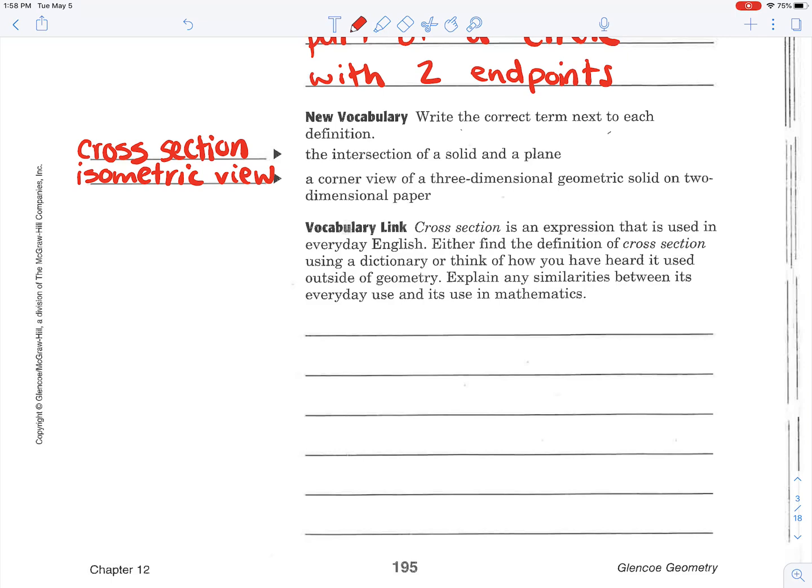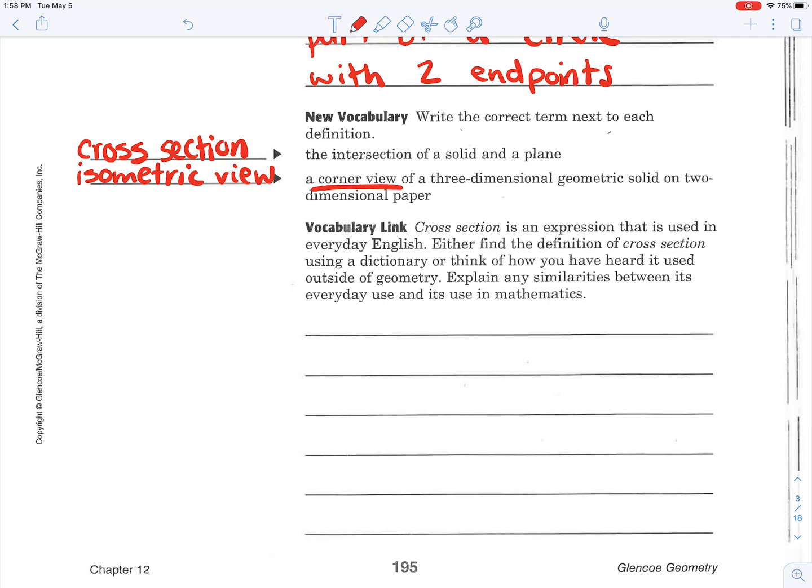You can use isometric dot paper to draw isometric views or corner views of three-dimensional geometric solids on 2D paper. If you look at the picture they show you, there's a front view, and then there's an isometric view. It's literally looking at something from the corner. On homework, I suggest that you go and you download isometric dot paper to do your drawings. It's going to make it a little bit easier.